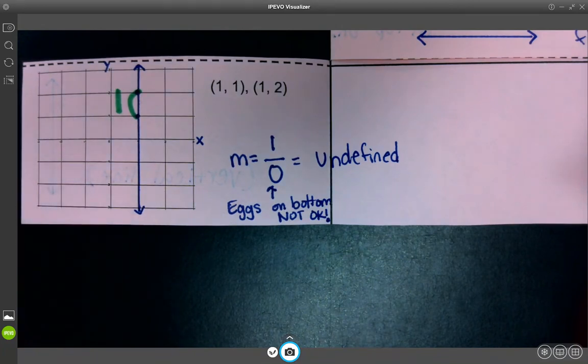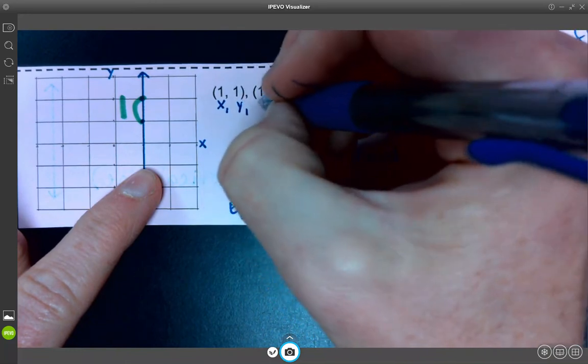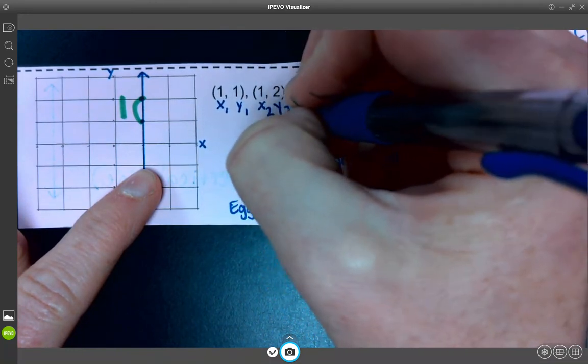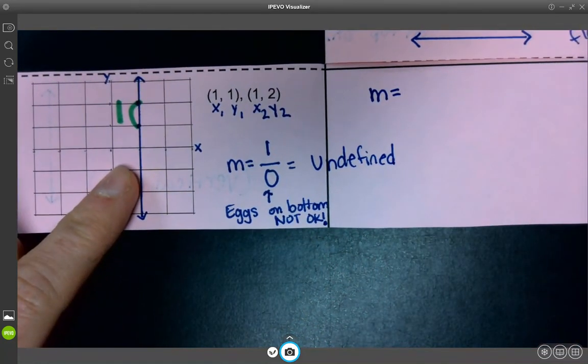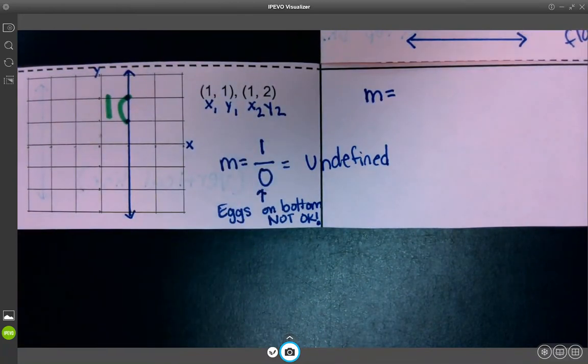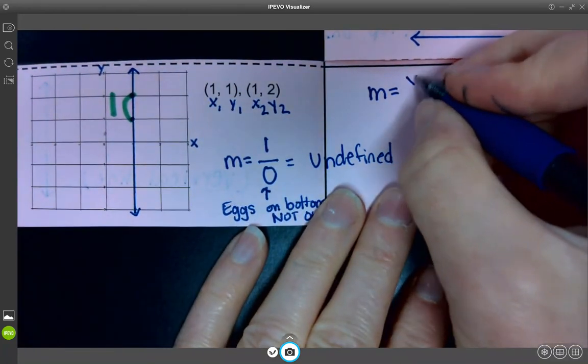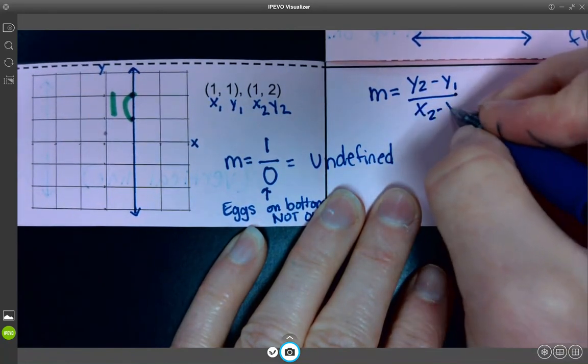Go ahead and label your x1, y1, x2, y2. So both of these are 1s, both of these are 2s. Don't get it mixed up. Let's write our formula though. Y2 minus y1 over x2 minus x1.